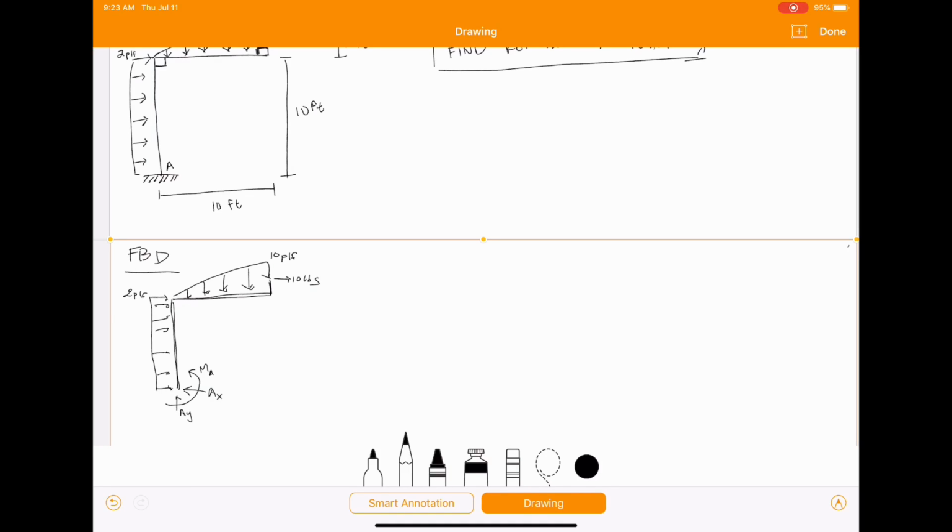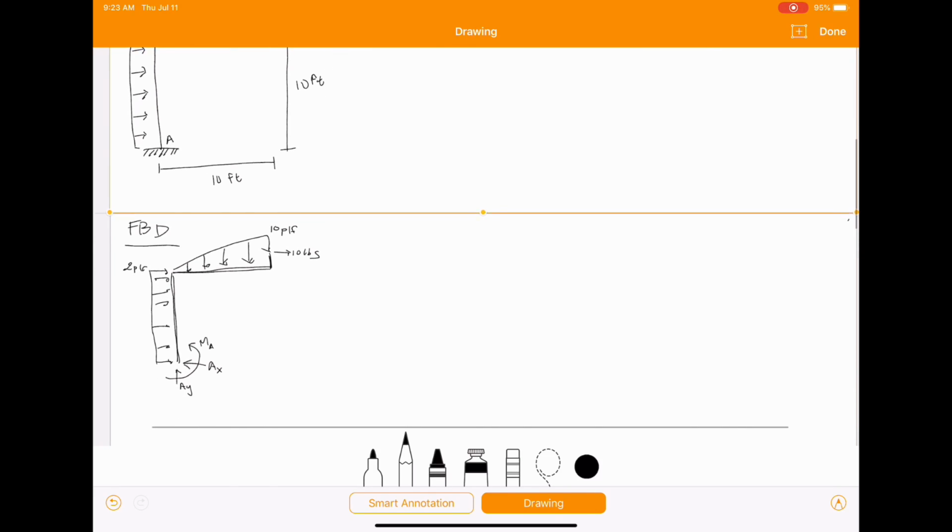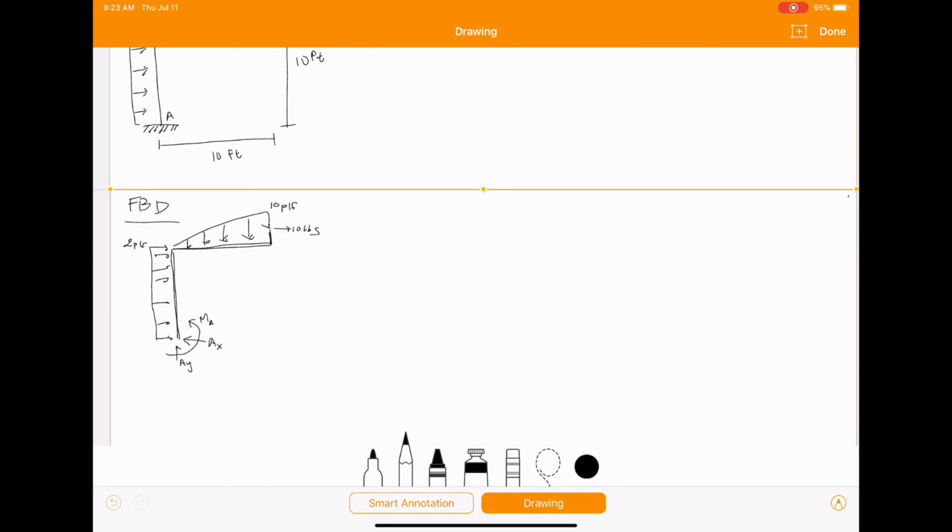Okay, so now that we've got that, we can use our equations of equilibrium to solve for unknowns.